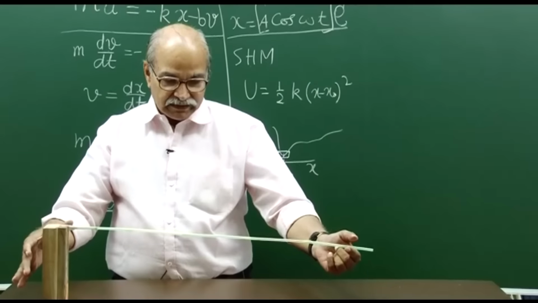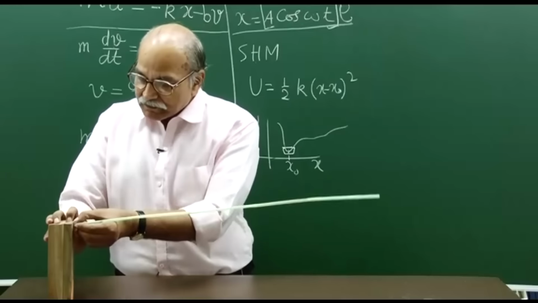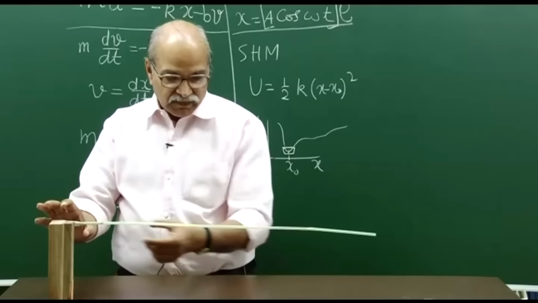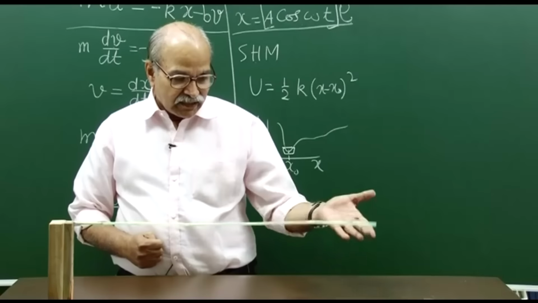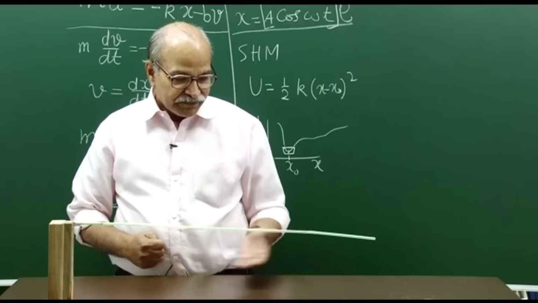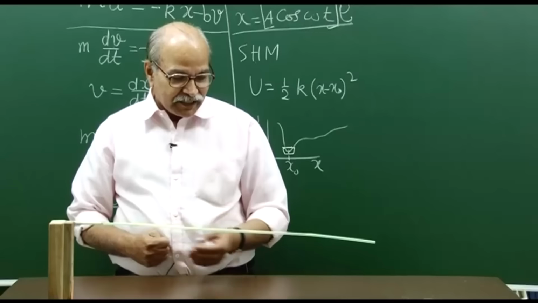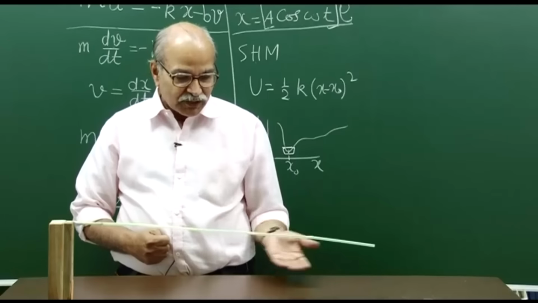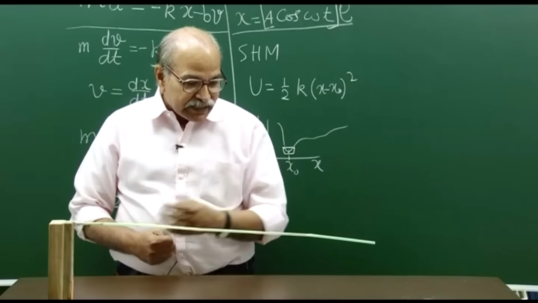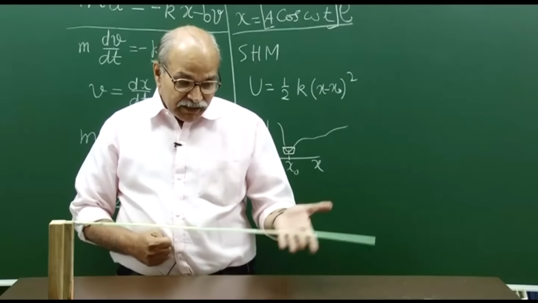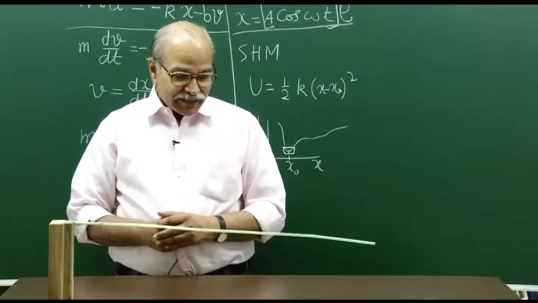This is the stable equilibrium position, and then I can oscillate this. It can go on oscillating, and there is some natural frequency of oscillation. There is some restoring force which is bringing it back towards the equilibrium position. Then there is damping, so the amplitude decreases and finally it comes to rest.